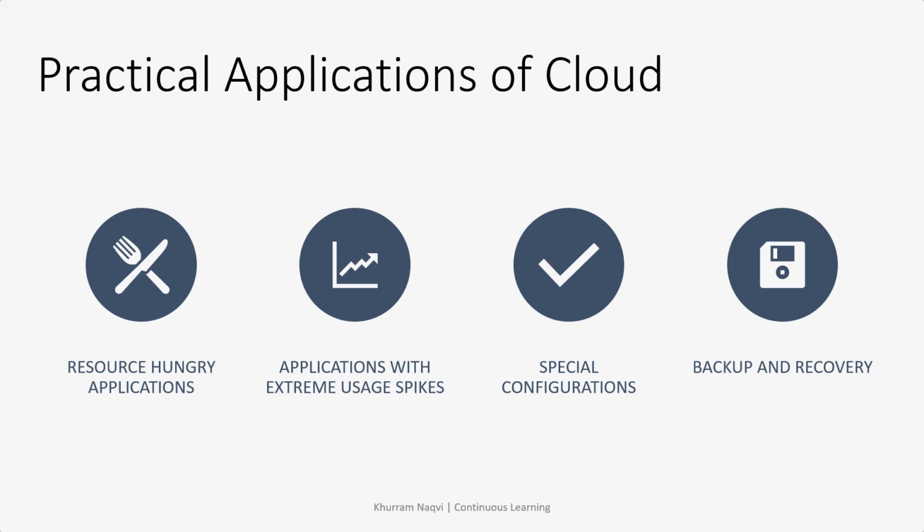And last but not the least, you have something called backup and recovery as a benefit. This is the most common application of cloud, as it is quite expensive to manage an entire duplicate infrastructure.